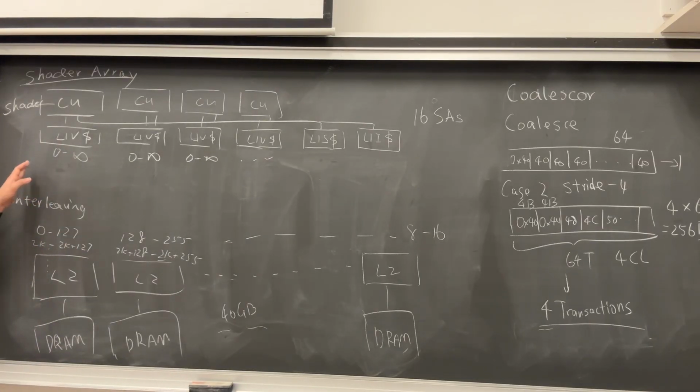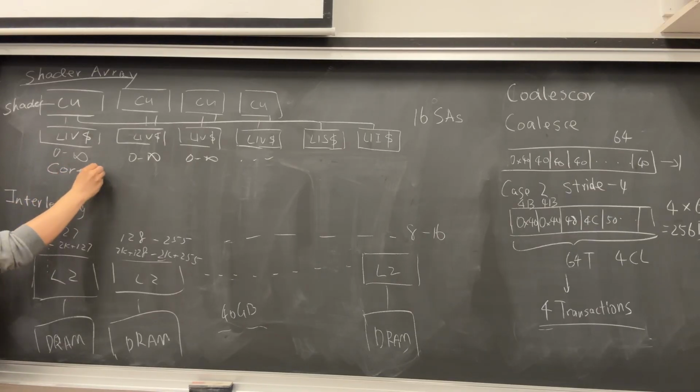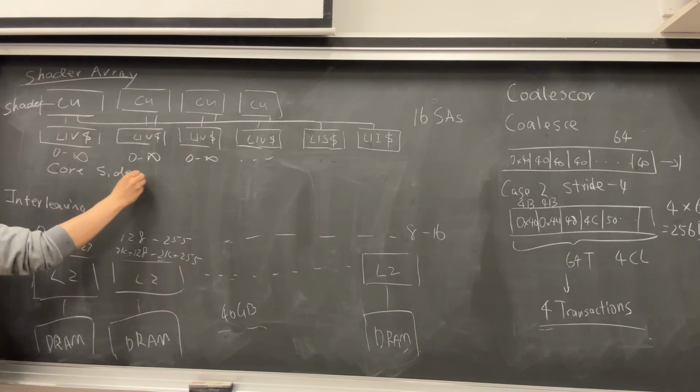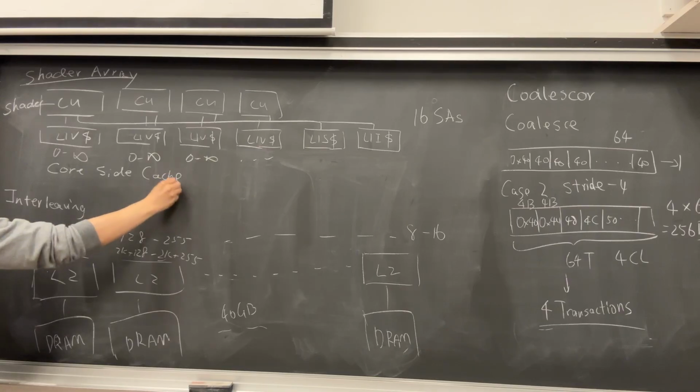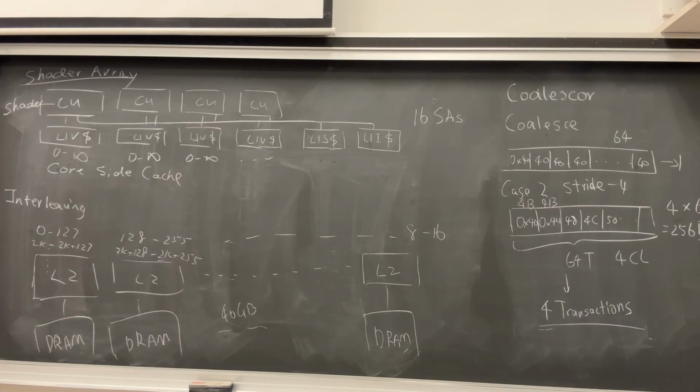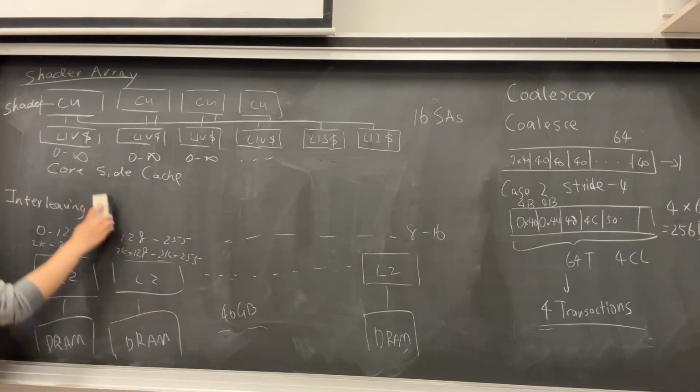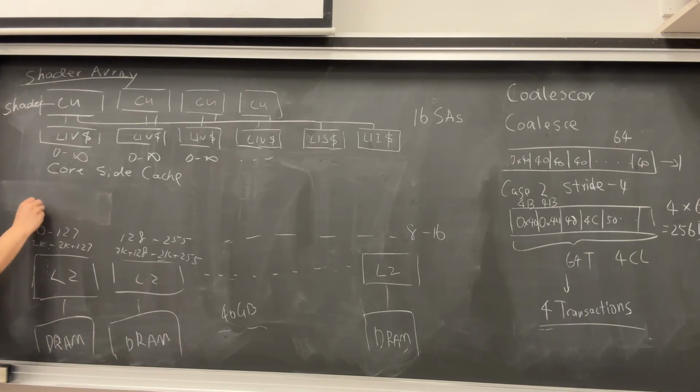Okay, so what do we call this type of cache? We call this core side cache. And this side, you may already guess the name, right? We call this side memory side cache.